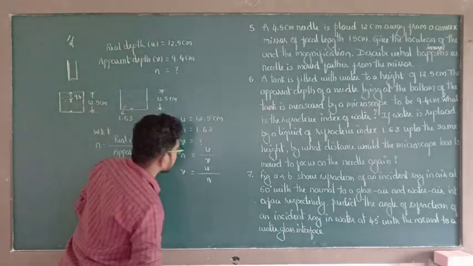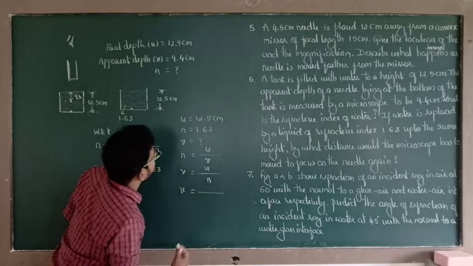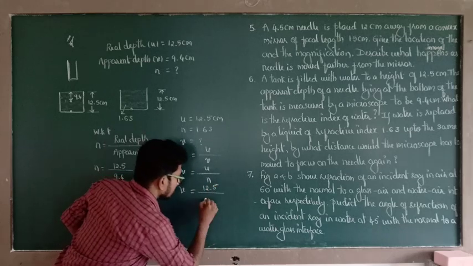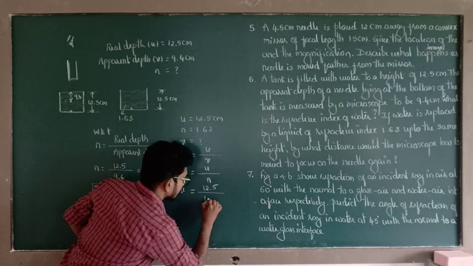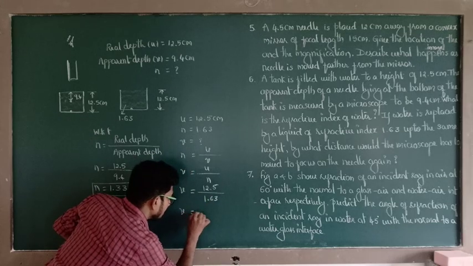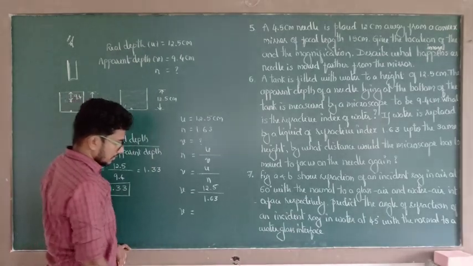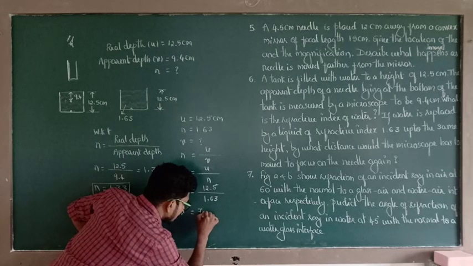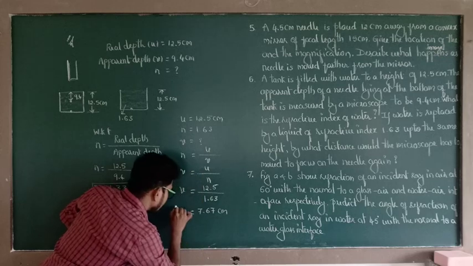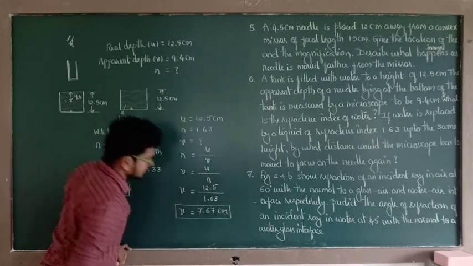So better you write one more step. Then image distance is equal to 12.5 divided by 1.63. I think you will get 7.67 centimeter. So this is your image distance.